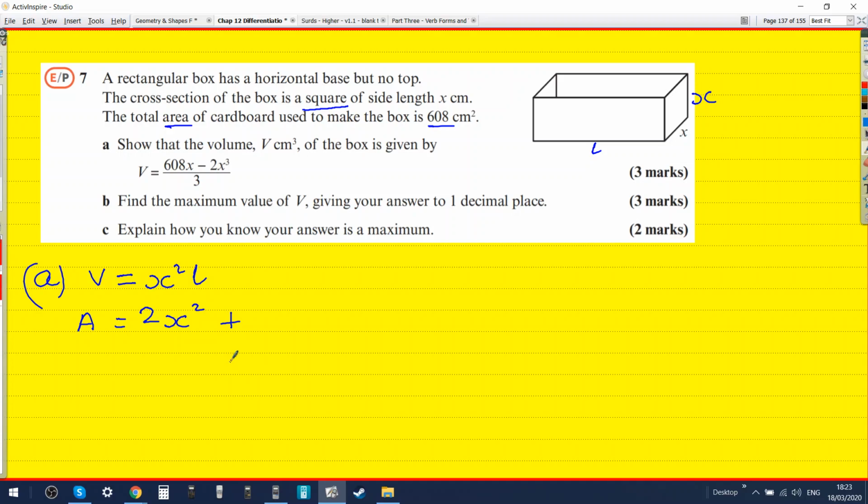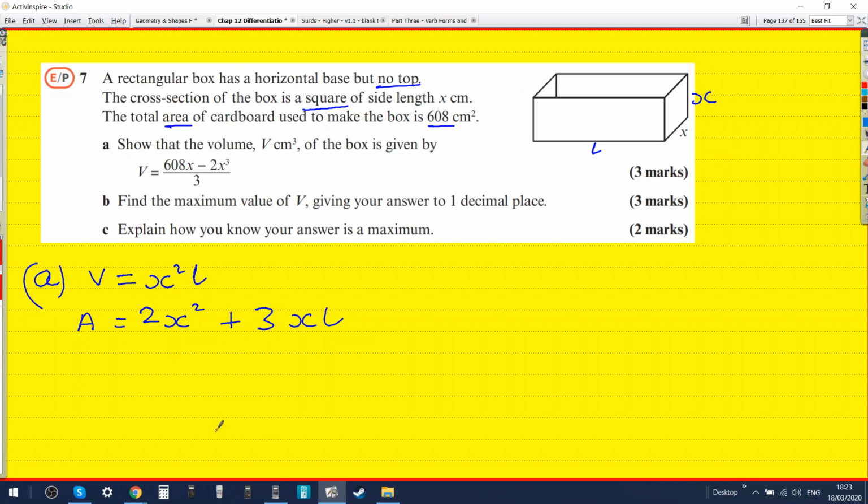How did you get 4? Because the sides and the top and bottom. Okay.